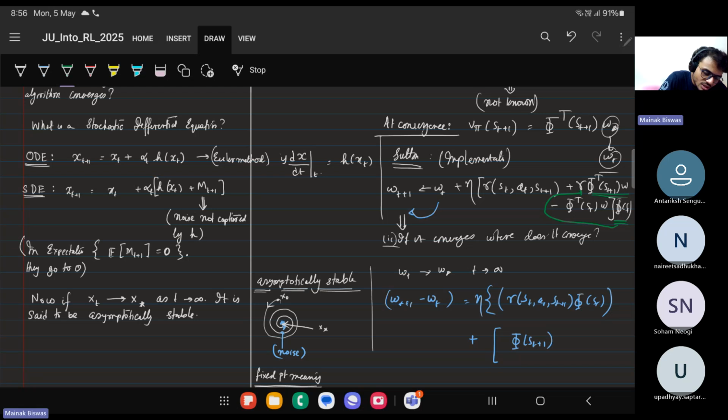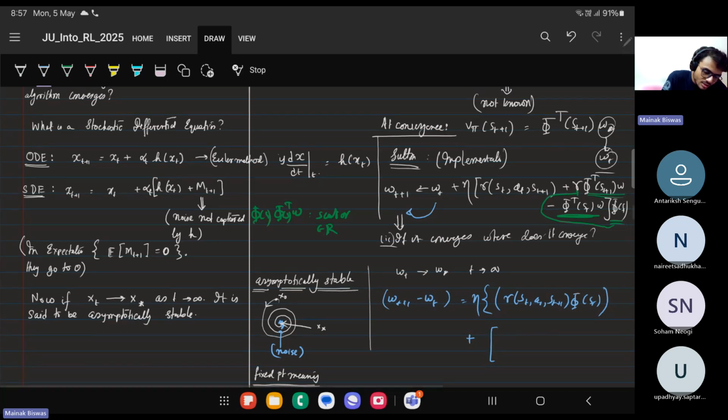Yes. So this is a scalar. Again, this is a scalar. So phi transpose W is a scalar. That is a real number. So I can put phi of S somewhere here, and that's not going to change anything. So what I'll do is I will write this. I'll write it another step for once, and then you can follow.